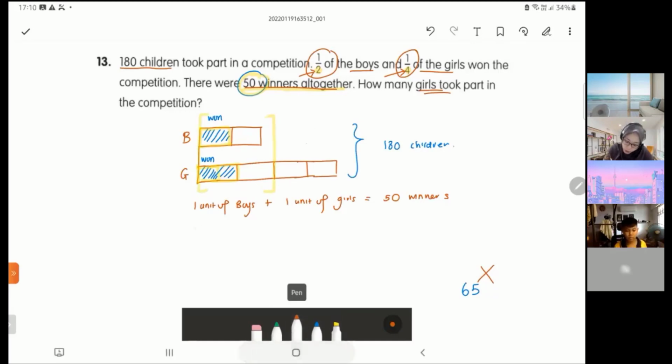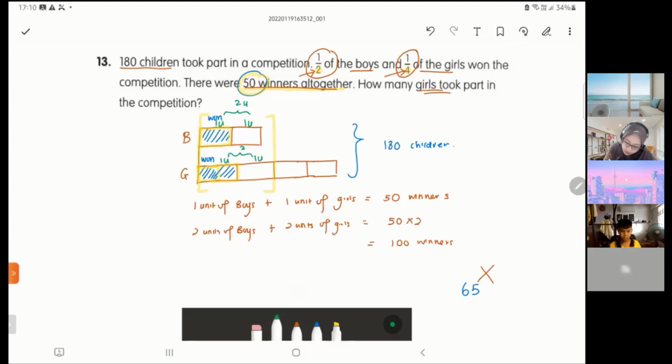So 2 units of boys plus 2 units of girls will be 50 times 2, equals 100 winners. Can you see where the 2 units are? This is 1 unit, this is 1 unit, this is 1 unit, this is 1 unit. So there are 2 units of the boys and 2 units of the girls. Can you see? That's what I'm trying to derive there.